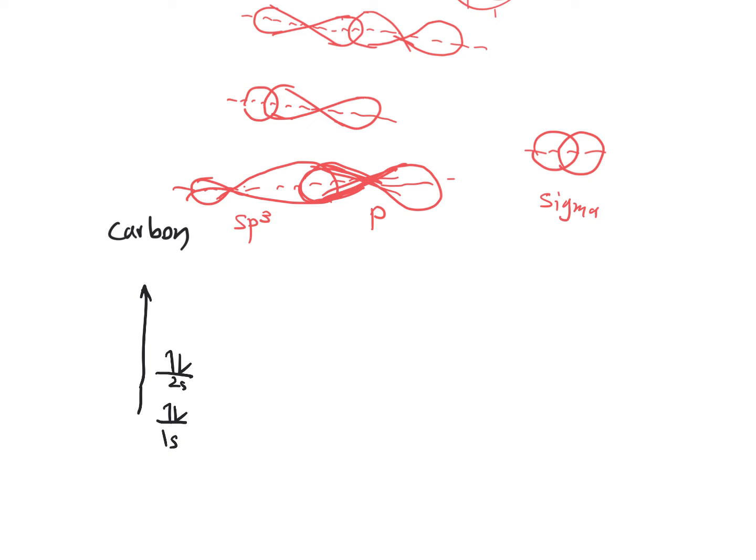So we have 4 total. Each of these arrows is 1 electron, right? And then we have 2p that has 3 orbitals. P has px, py, pz. So we already put 1, 2, 3, 4. So 2 electrons are left. So one would be here, the other one would be here. So we have overall 1, 2, 3, 4, 5, 6.